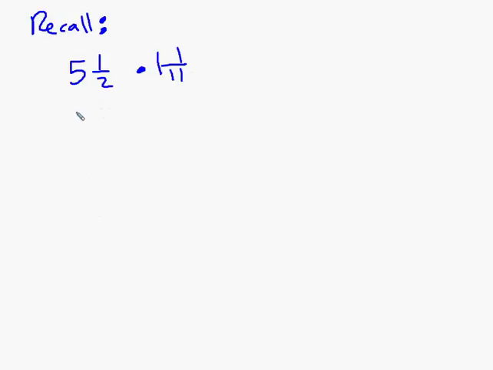So whenever we are multiplying, we need to switch mixed numbers to improper fractions. So I get 11 over 2 times 12 over 11. And then what we learned to do in previous classes is we would cancel those. We cancel those. And top times top is 6, bottom times bottom is 1.